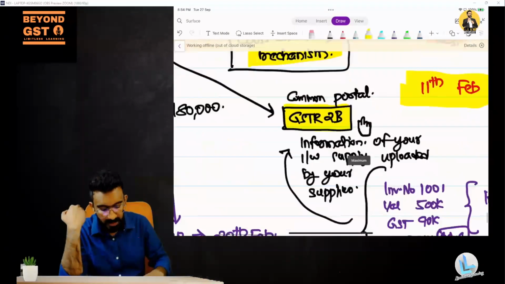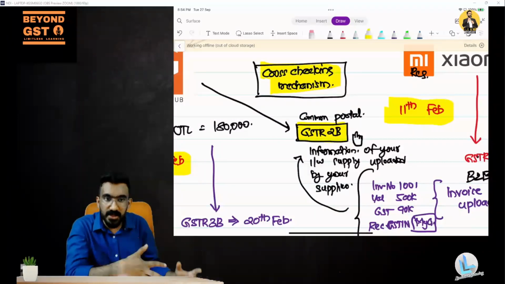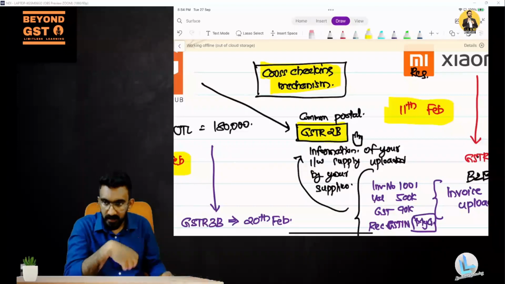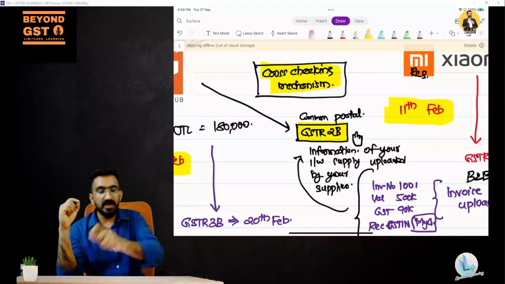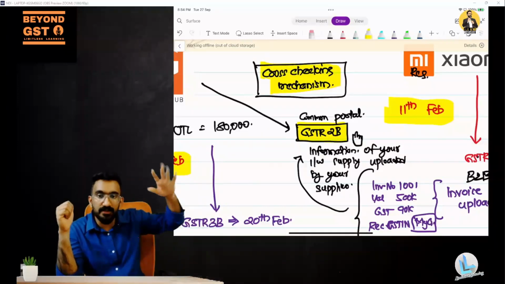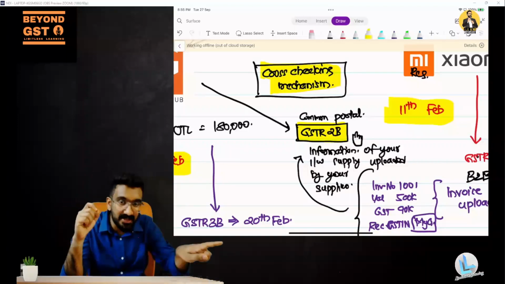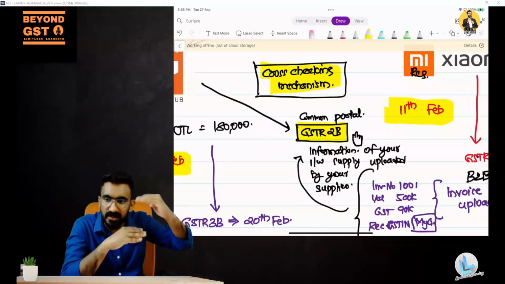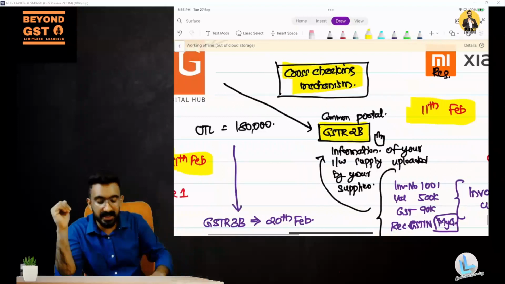What happens? Government will automatically give the information of Xiaomi's GSTR1, where recipient GST number is MyG's GST number. Like Xiaomi, there will be lots of people in India uploading information in their GSTR1. In all their GSTR1, wherever the recipient GST number is MyG, government will consolidate that information using data technology and automatically make it available like a message to MyG in their portal.